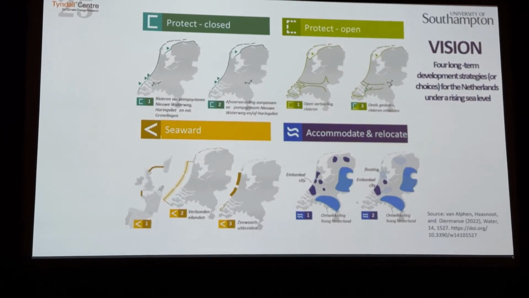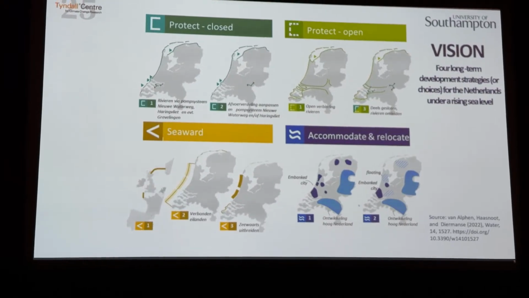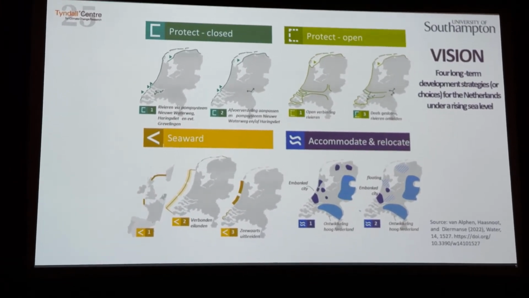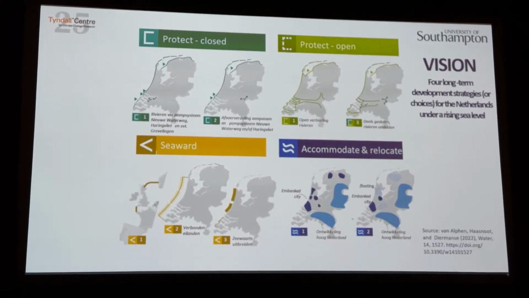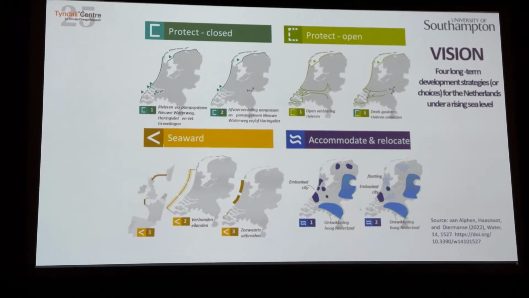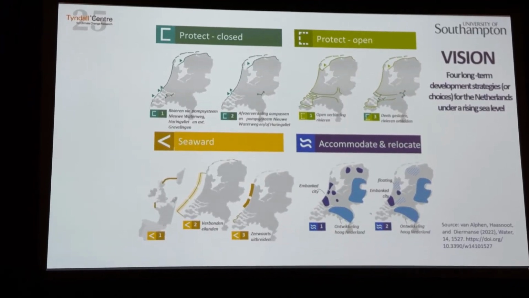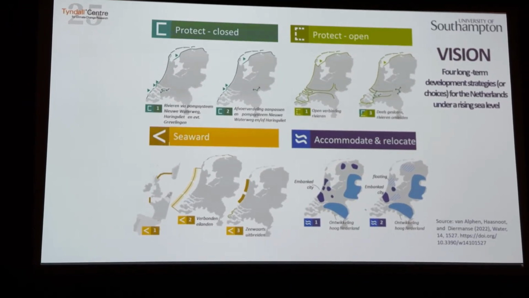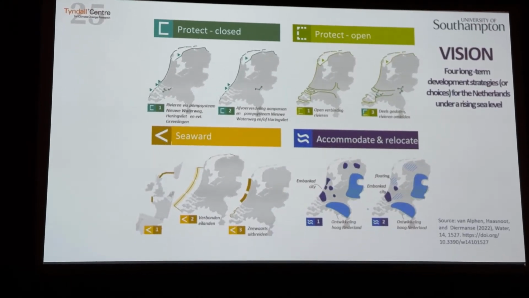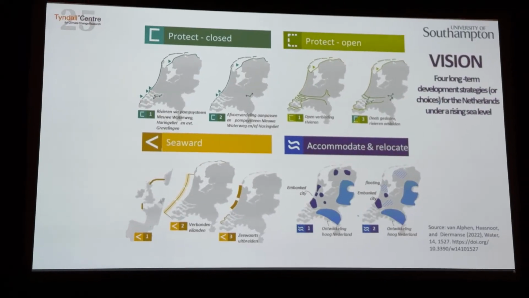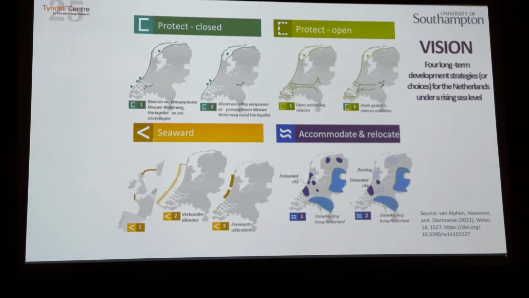What do people want? People probably don't want the world they've got anyway. They would like to develop. So how can you develop in a way that deals with sea level and deals with all the problems? This is the Netherlands, pictures of different ways with high sea level rise that the Netherlands might develop, continuing what it's been doing, or different styles of protection advancing, or some kind of accommodation and relocation.